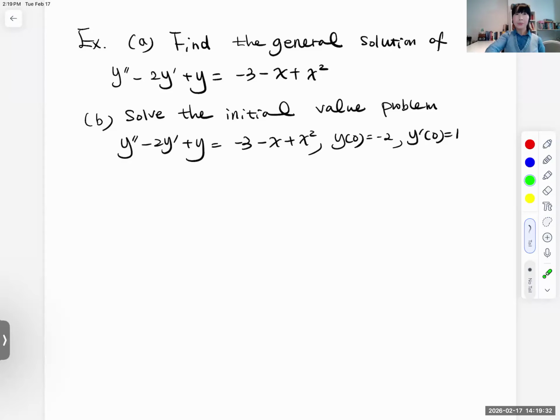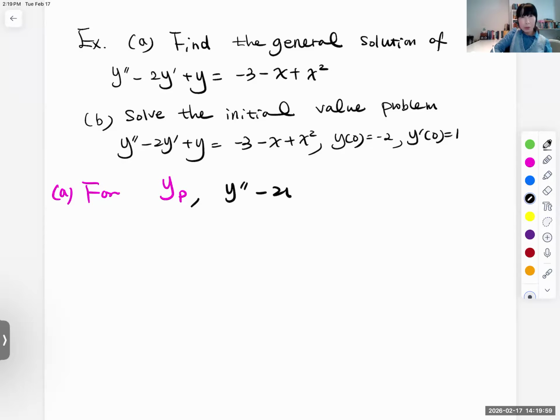We have the complementary equation. On the left side we have y second prime minus 2y prime plus y, and the complementary equation is associated with the homogeneous equation, so we make it equal to 0.